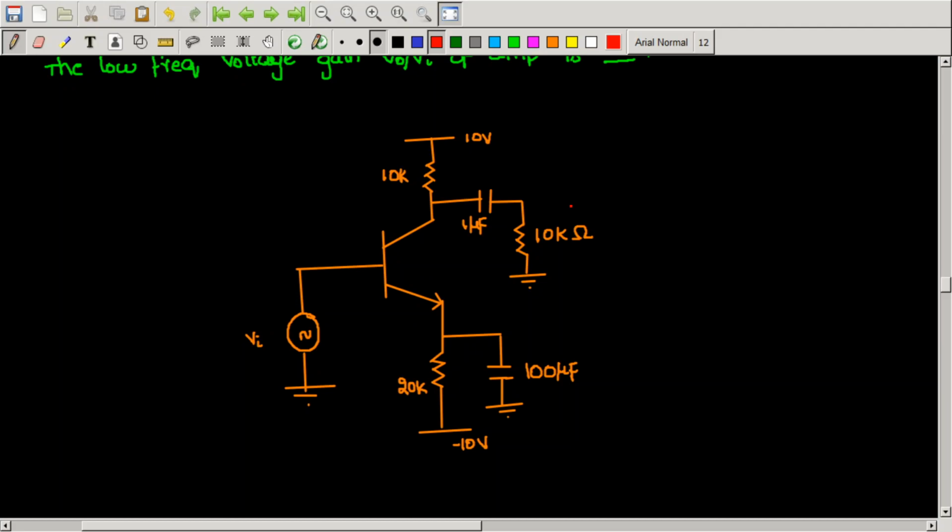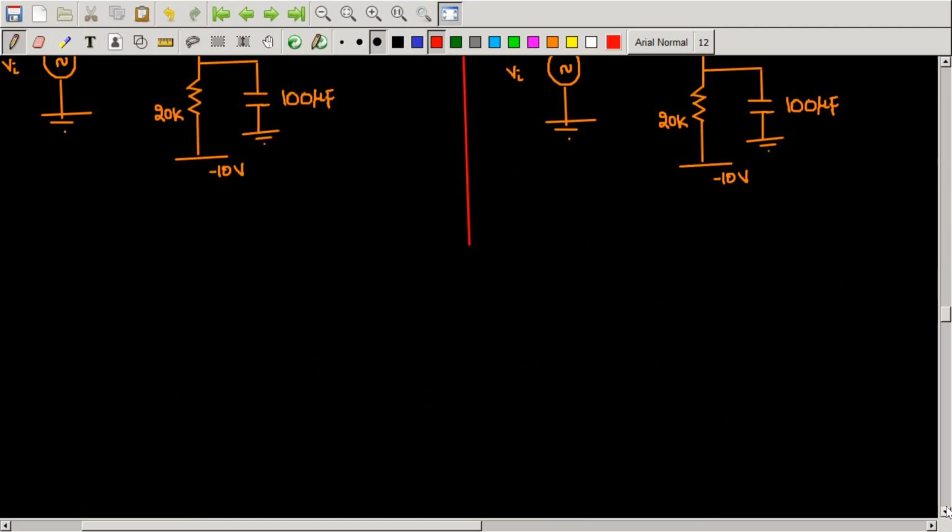And in AC analysis you should deactivate all DC sources and the capacitors will be short circuited if the signal frequency is high enough to short those capacitors. And in this question it is given that at signal frequencies the capacitors are indeed short circuited. Okay.